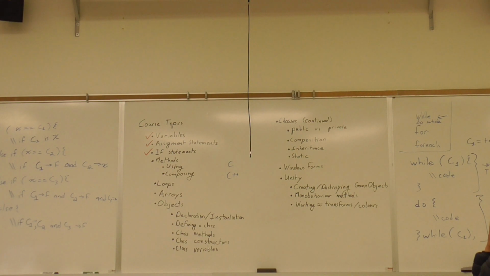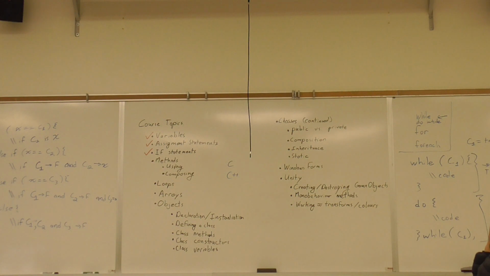So, this is how a for loop works. First, we run the initializer. Next, we test the condition.